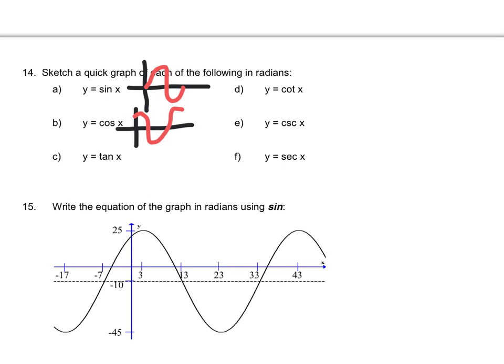Tangent looks like this. It's an increasing function. Cotangent is a decreasing function.